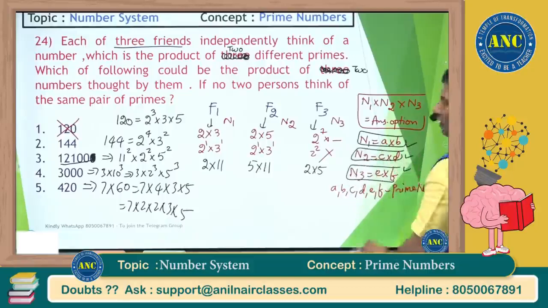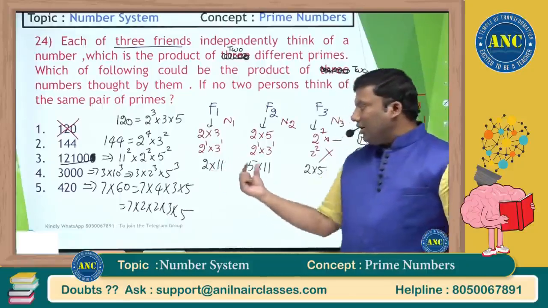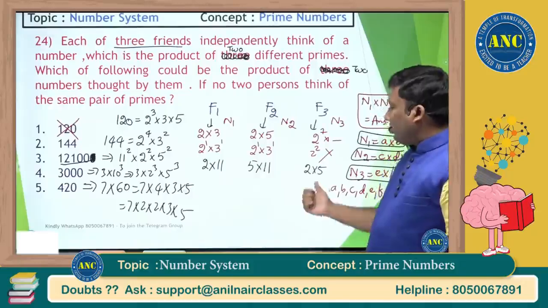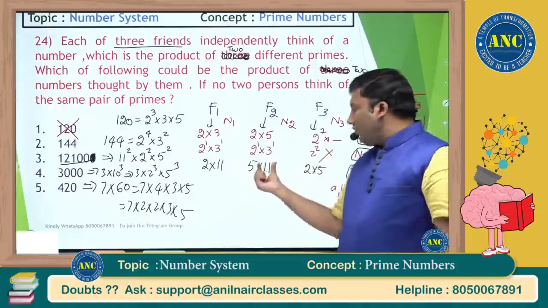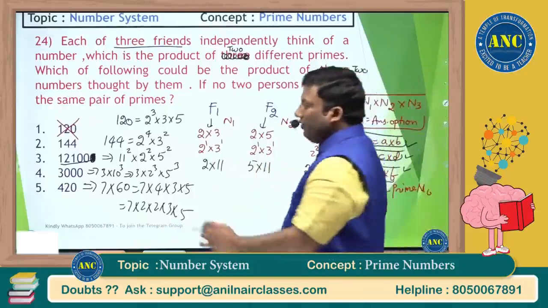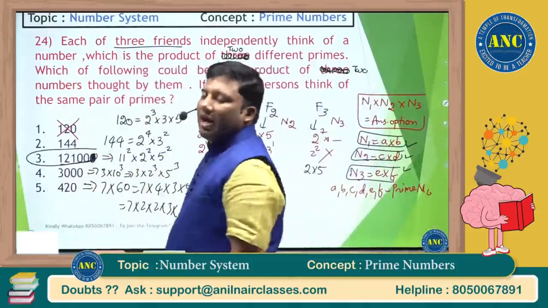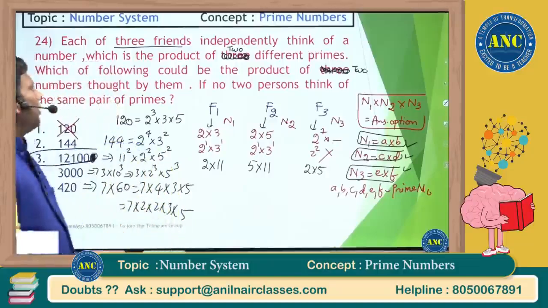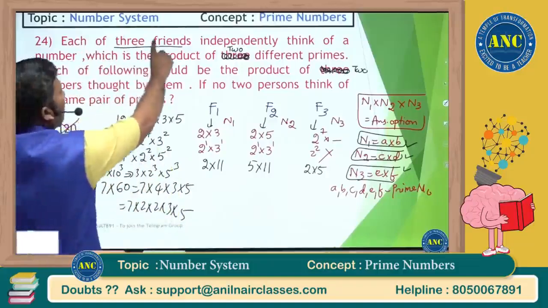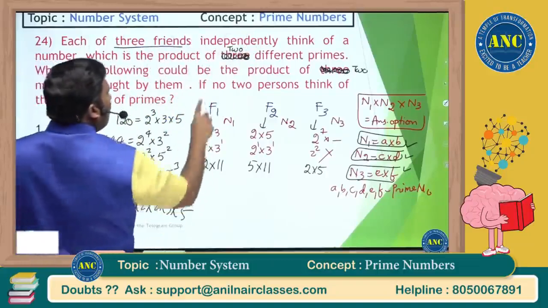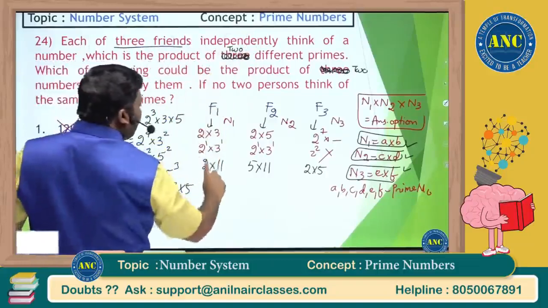All the 3 should be different. 2 elevens are 22. 5 elevens are 55. 2 into 5 is 10. 22, 55 and 10. All the 3 are different. So the answer is 12100.